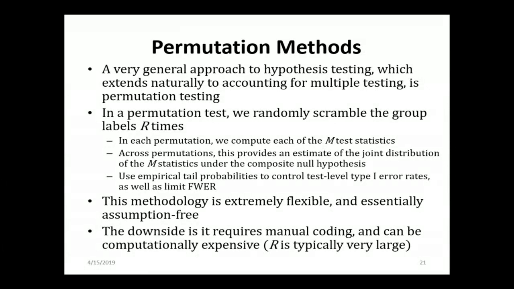So if you have a large data set or a large number of genes, doing this exercise can take a lot of time, a lot of computing power. So generally, permutation methods tend to get saved for situations where people feel like methods like the Holm method are not up to the task, which are fairly unusual situations. But in principle, you could use this essentially always.